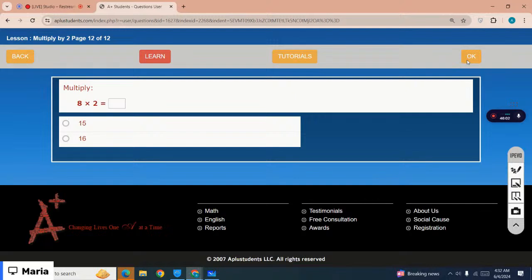Eight times 2, which is the correct option? That is 16, right? The correct option is 16. Okay, we are done with the lesson. Let's just start with the next lesson.